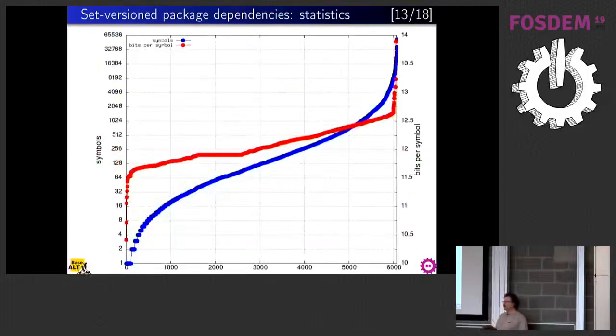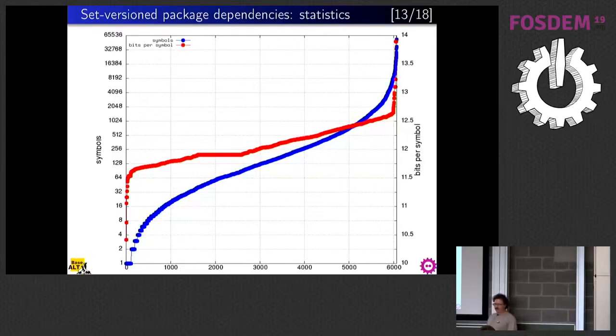So how good is this compression rate? You remember, the theoretical minimum is 10. The theoretical minimum for set versions that could be implemented is 11.5.